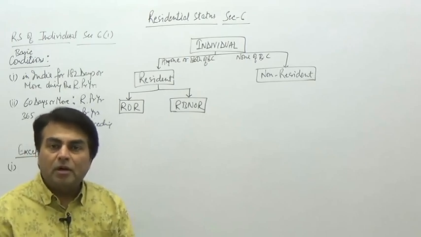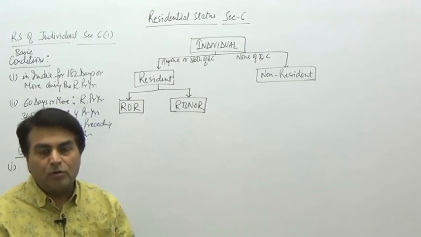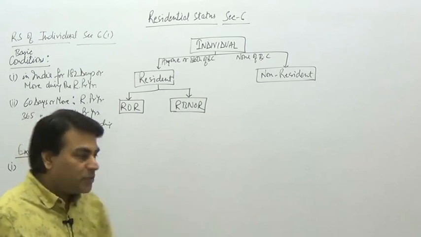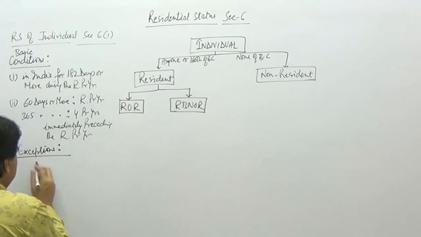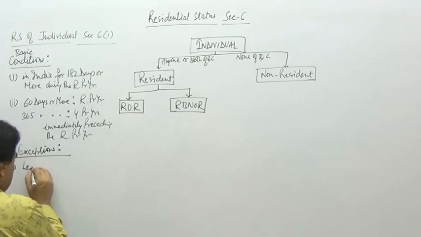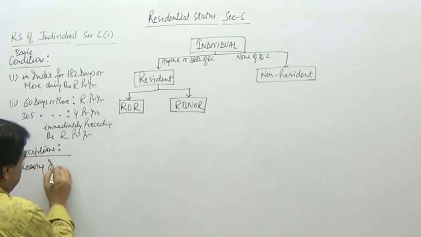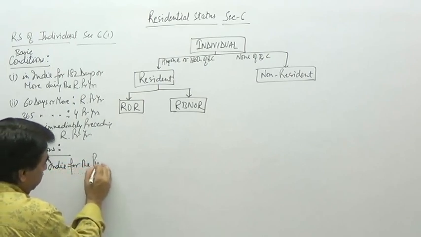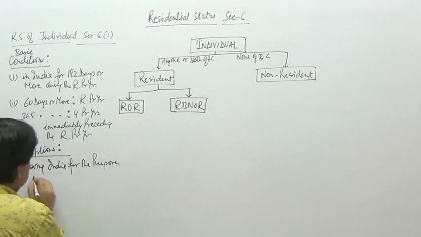If he is a member of the crew of a ship, and the ship would definitely move outside India, that means he is leaving India. So exception number 1, leaving India for the purpose of employment.